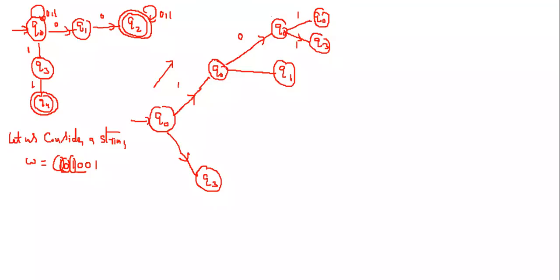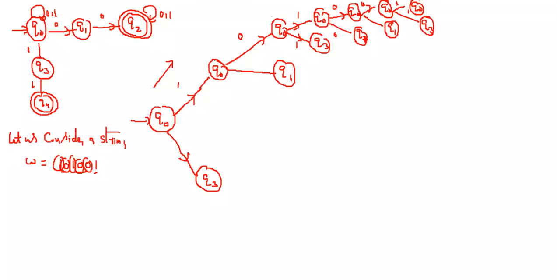Next, 0 on Q0, either you can go to Q0 or you can go to Q1. Again, 0 on Q0, either Q0 or Q1. Again, 1 on Q0, you are going to Q0 or Q3. You have two possible states.